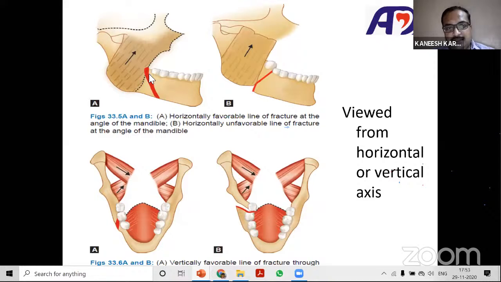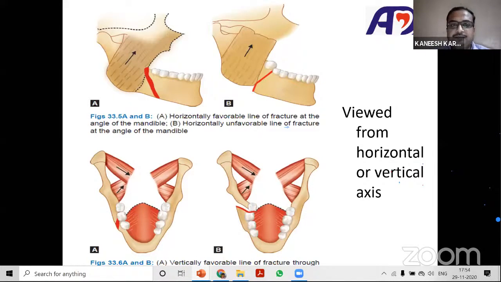If the fracture line is extending from here to here, the pull of the masseter approximates the fractured fragments. That is a favorable fracture. If the pull of the masseter and the medial pterygoid separates the fractured fragments away from one another, then it is called an unfavorable fracture. Same here: if it approximates the fracture, it is vertically favorable. If it separates the fracture, then it is vertically unfavorable.